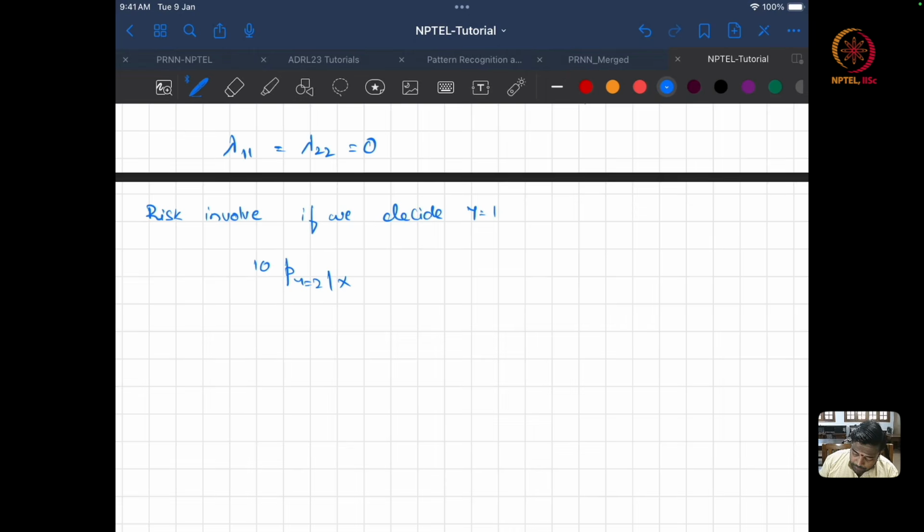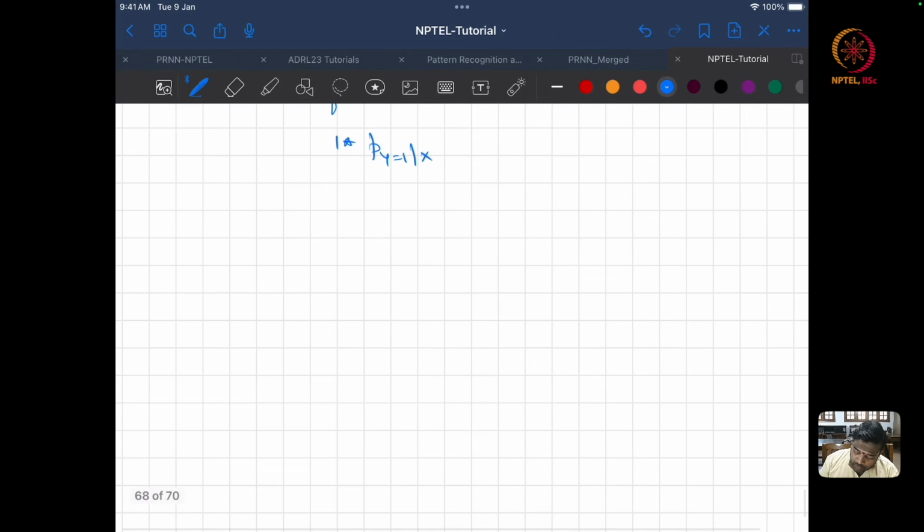Similarly, the risk involved if we decide y is equal to 2 is 1 into the posterior given x.